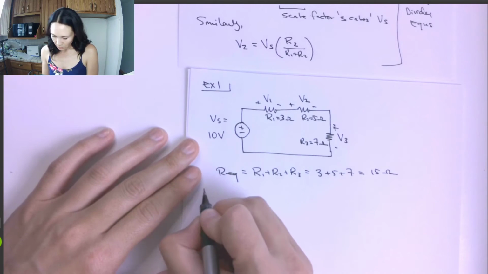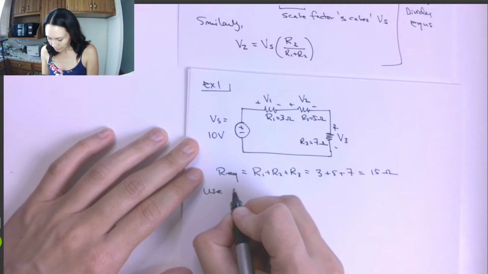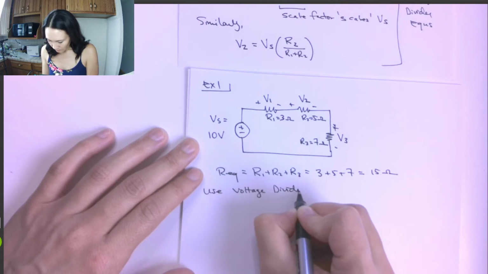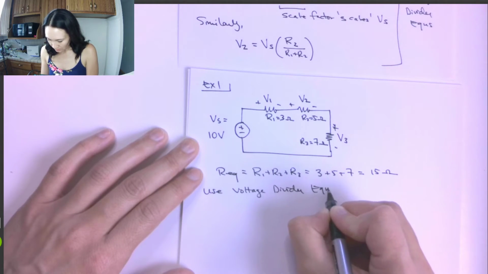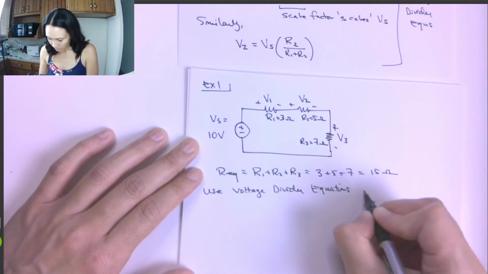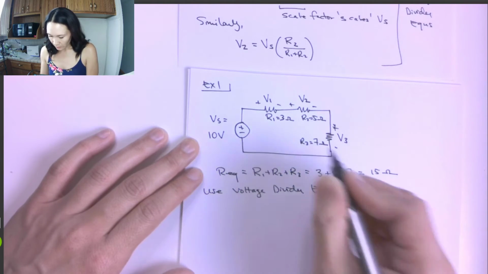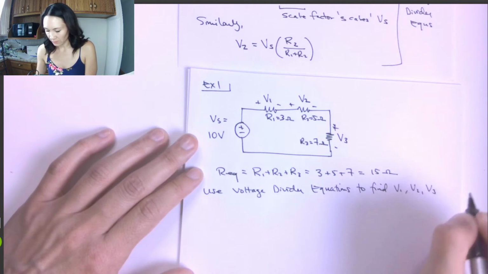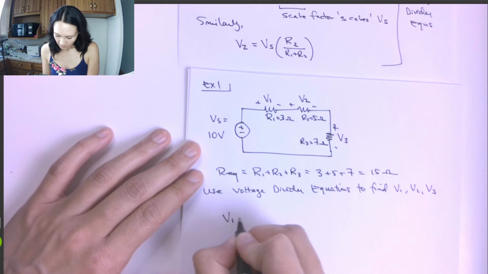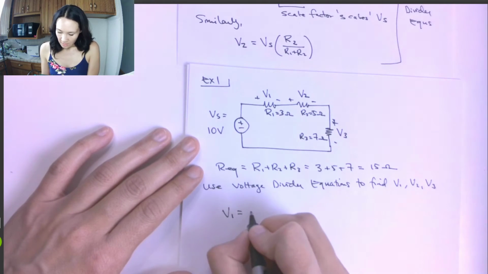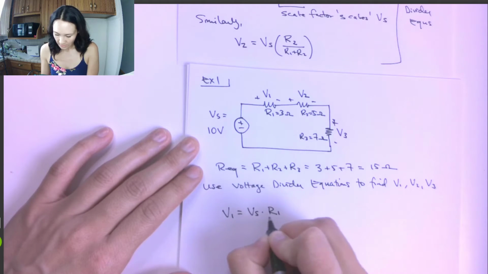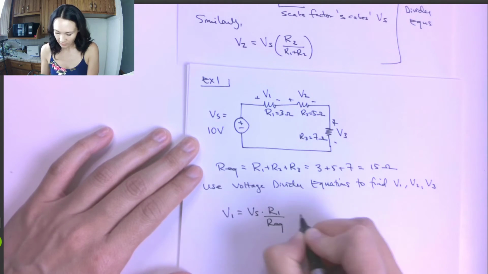Now, let's use the voltage divider equations to find the voltage drop across all of these resistors, V1, V2, and V3. All right, firstly, V1, that's given by Vs times, we take R1 and we divide by R equivalent.